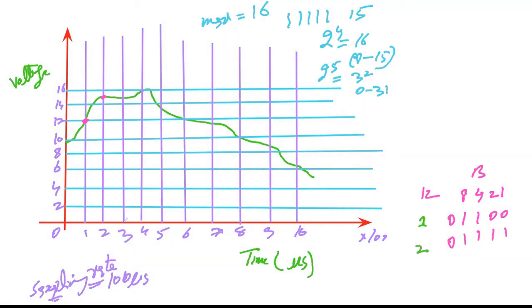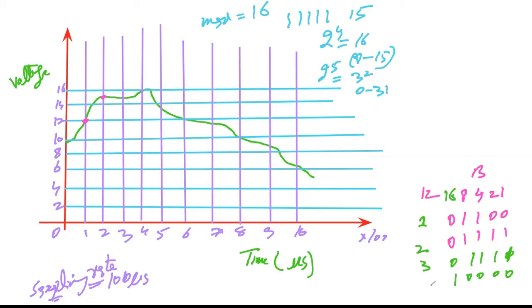Then the third sample is again 15, so the third sample will be the same. The fourth sample is 16, which is 1, 2, 4, 8, 16, so that will be 0, 0, 0, 0, 1. This bit is on, and it gives you 16.